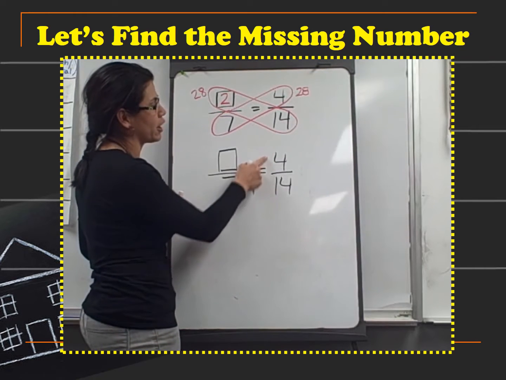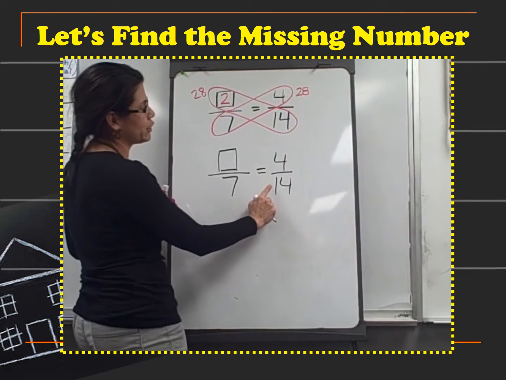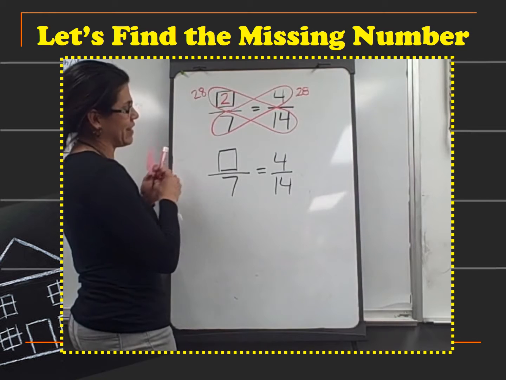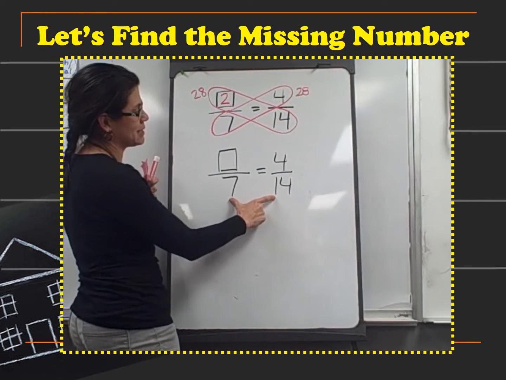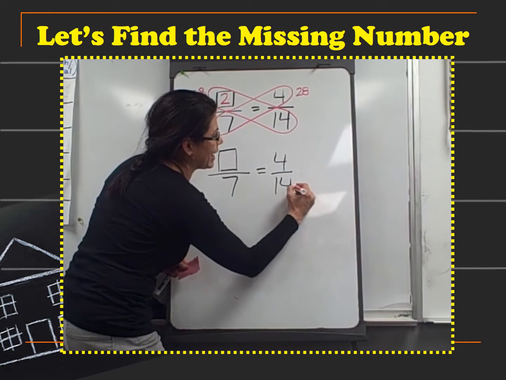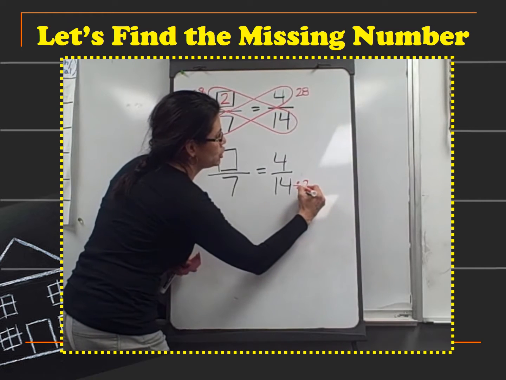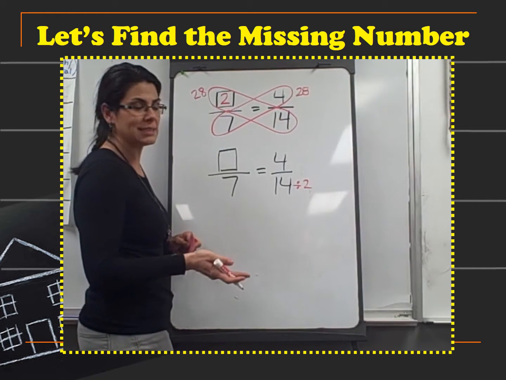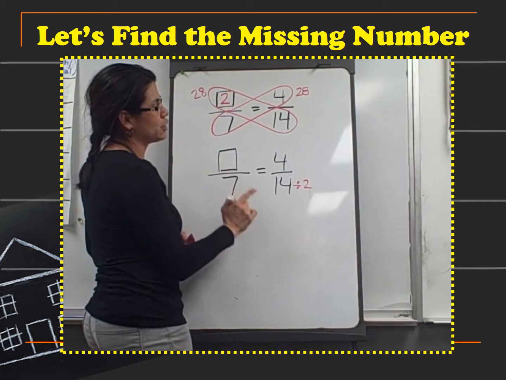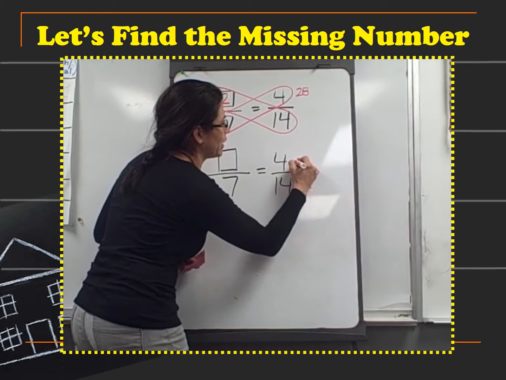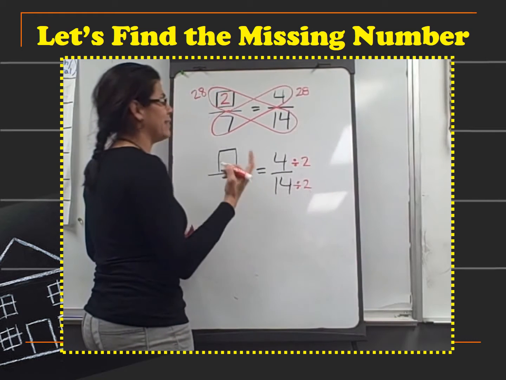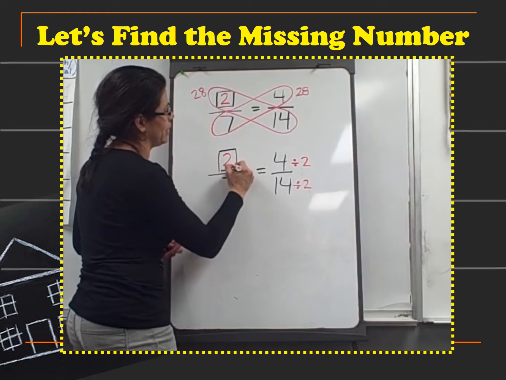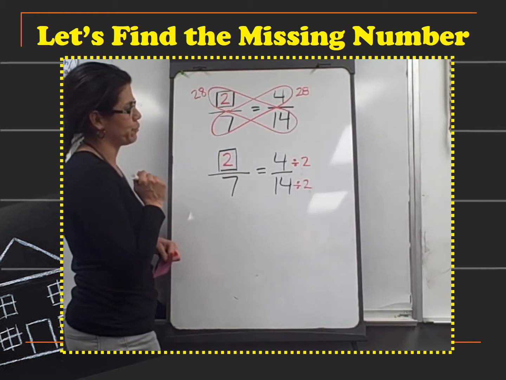I have both parts. Okay? Well, to go from 14 to 7, I'm going to compare the bottoms. We are going to divide 14 by 2. So in order to find an equivalent part, we need to divide the top by 2 as well. And that is going to give us an unknown number of 2.